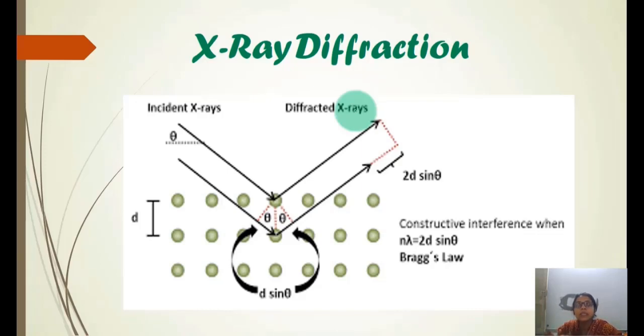We can only recognize the light that falls in the visible region, but X-rays are not visible to human beings. That means when X-rays strike the crystal lattice and the atoms and get diffracted, the diffraction pattern will be formed, but how will the human eye see it? That's the basic difference between X-ray diffraction and light diffraction.